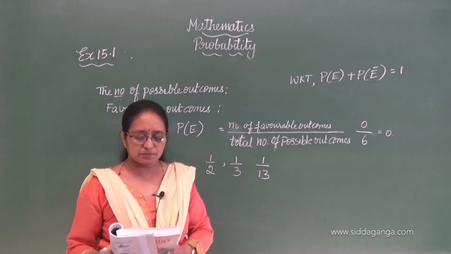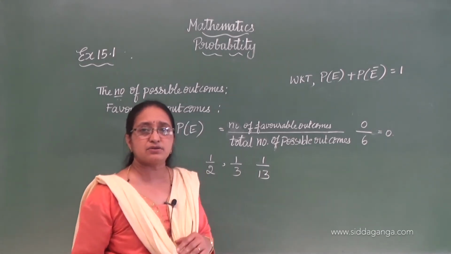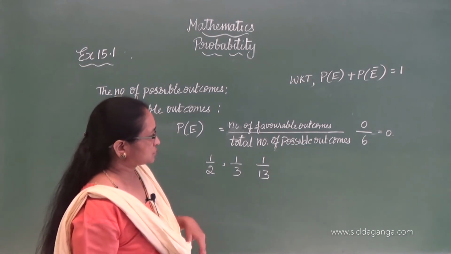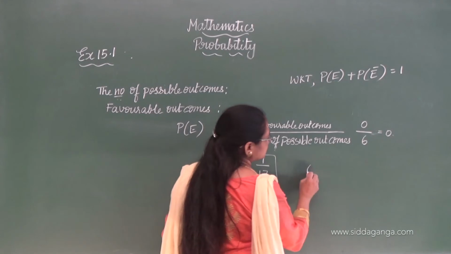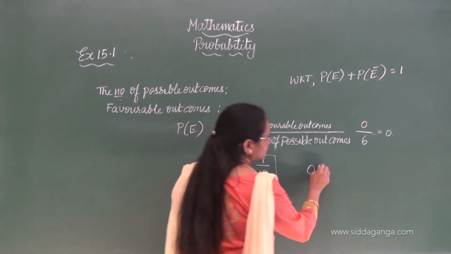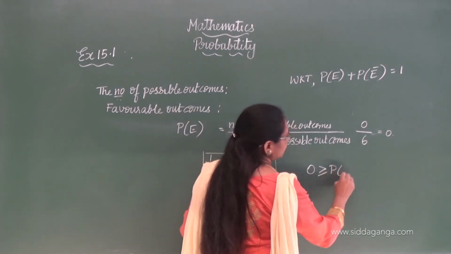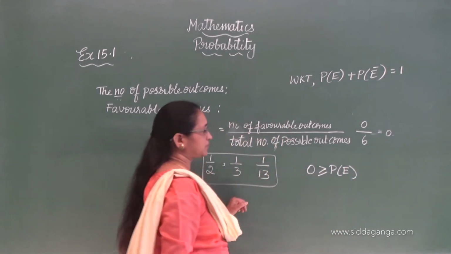So, here the probability of an event is greater than or equal to... definitely these are greater than 0 or equal to 0. See, this is very important.